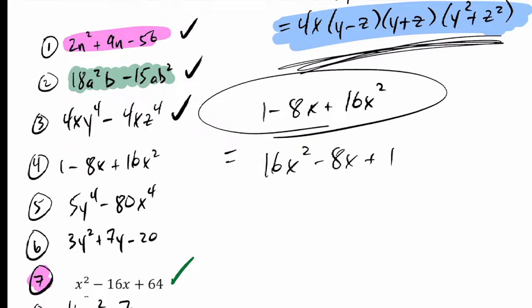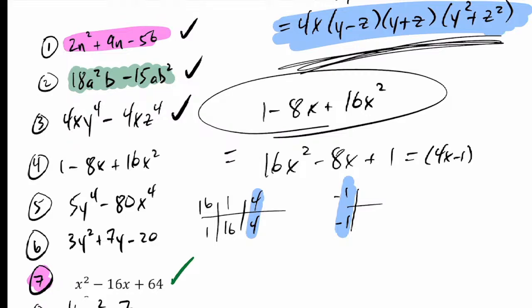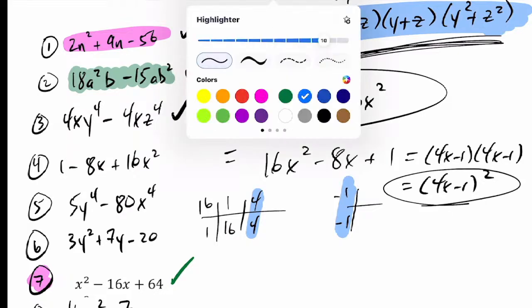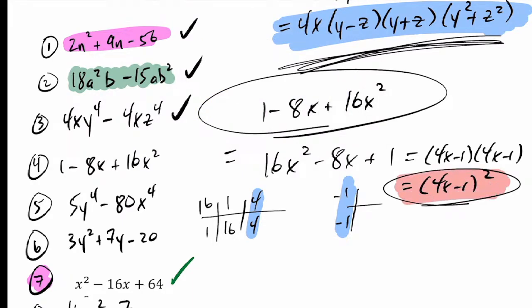So if you rewrite it, now you have yourself a complex trinomial, and you go ahead and do charting on this. And that's the answer for 4.